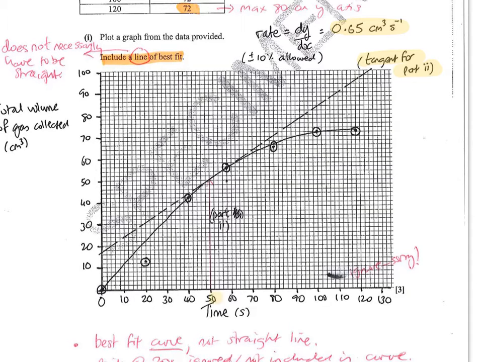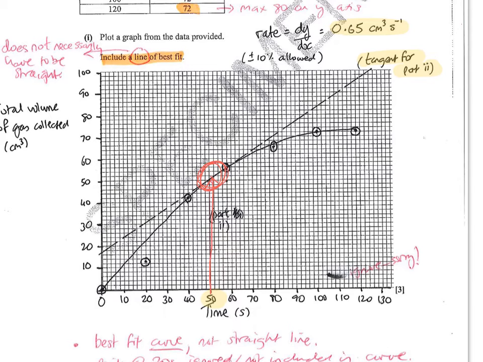So at 50 seconds, what I do is I have a line coming up, a line like that coming up, roughly to there. So at this point I draw my tangent. So the tangent has to be a line that sits on the curve and just touches the curve at that point. So that allows us to work out dy over dx.